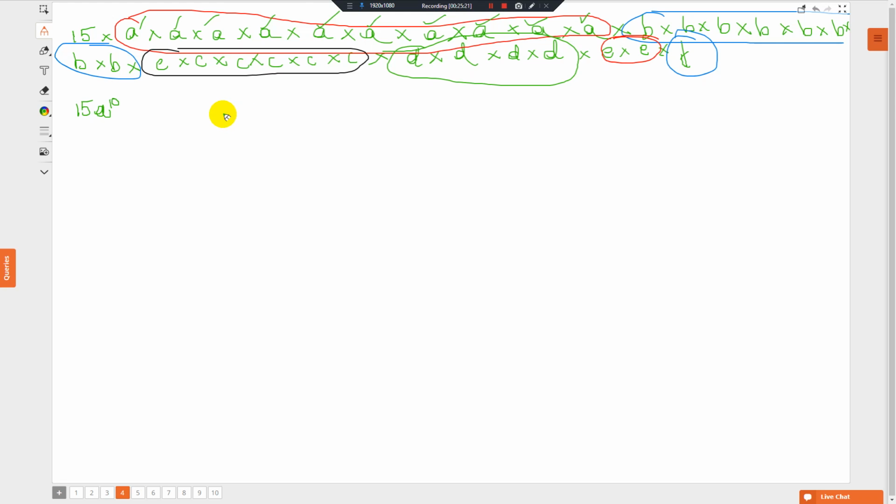like this. Now our first group is completed, but in the second group, which letter is used here? D. So write D first. Then how many times? 8 times.